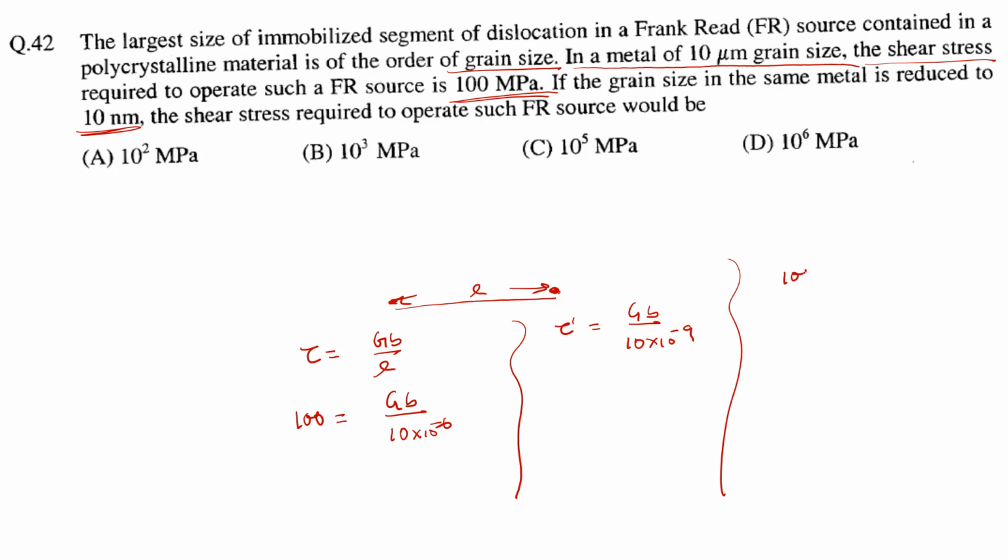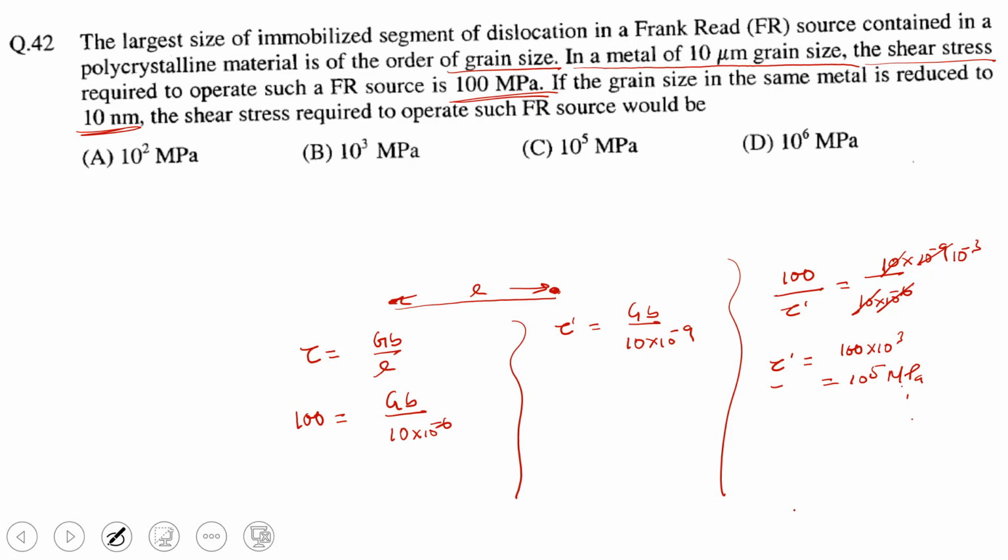So 100 by tau dash is equal to 1 by 10 into 10 power minus 6 over 10 into 10 power minus 9, so it will be 10 power minus 3. So tau dash will be 100 into 10 power 3, that means 10 power 5, and the answer will be in the given unit. Okay everyone, so option C.